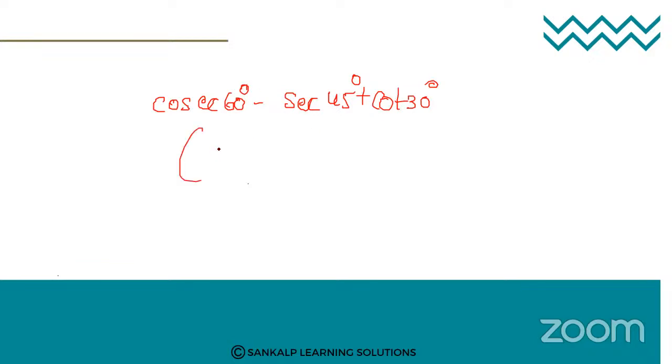Now, my dear children, what is the value of cosec 60 degree? It is 2 divided by root 3 minus sec 45 is root 2 divided by 1, that is root 2 only, plus cot 30 degree is root 3 divided by 1. Nothing is there means 1. Now, root 3, here root 3 is there, 1, 1. Therefore, root 3 is LCM.